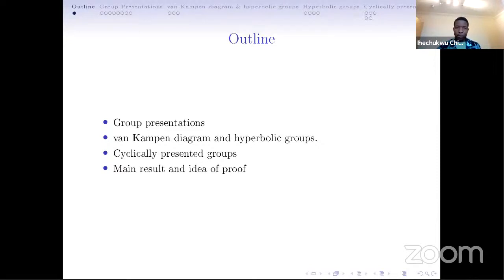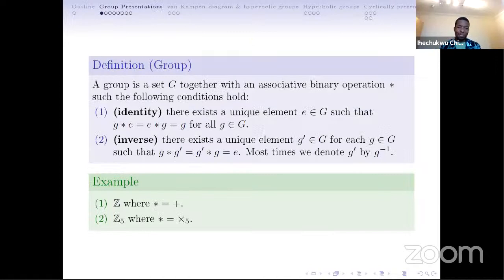Okay, so let's begin. So really from the basics, what is a group? For those who are new to group theory, it's just a set together with an associative binary operation, and the property is that we want an identity element to exist in the group.